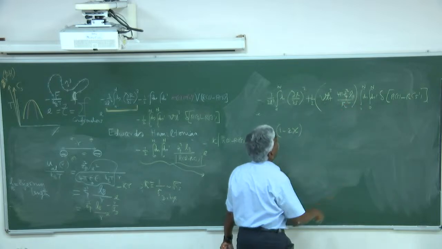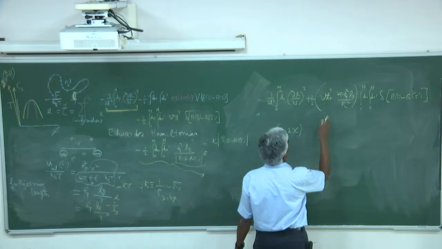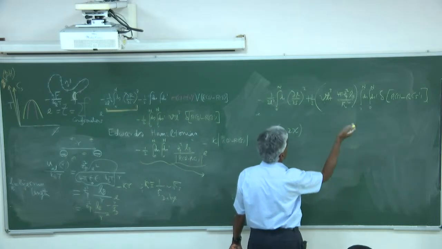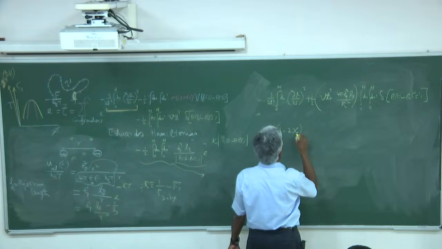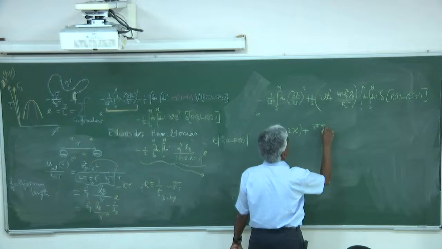Instead of 1 minus 2 chi, I get this. And that means I could define chi effective to be equal to chi minus 2 pi Zp square Lb over kappa square. That's my chi effective.